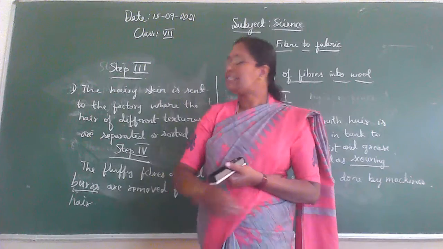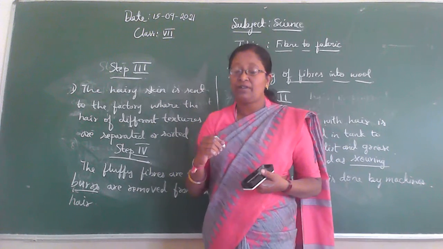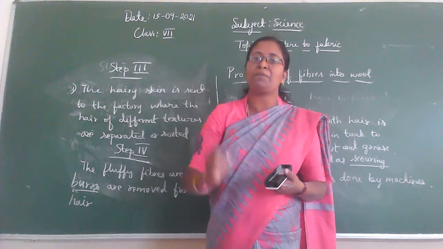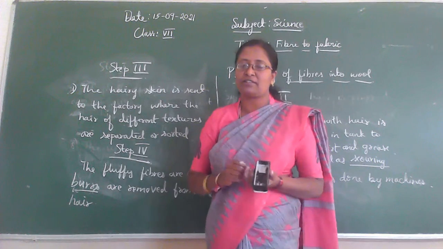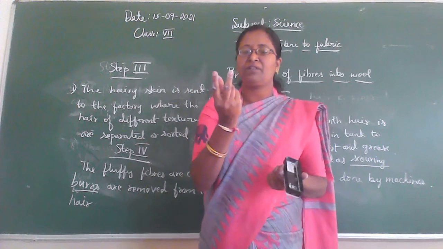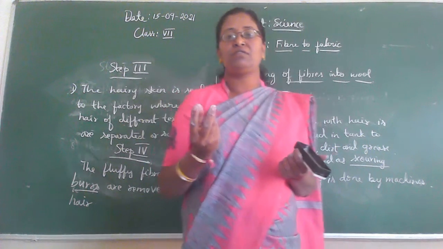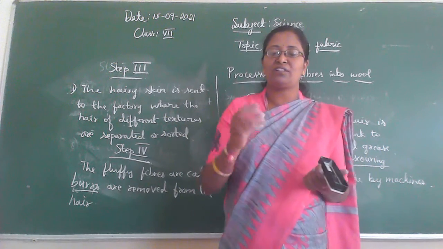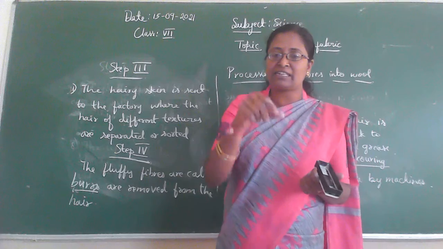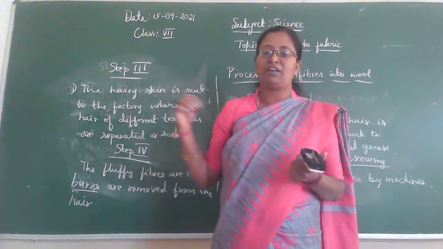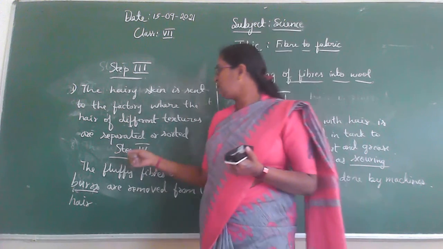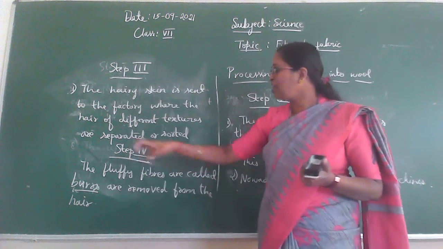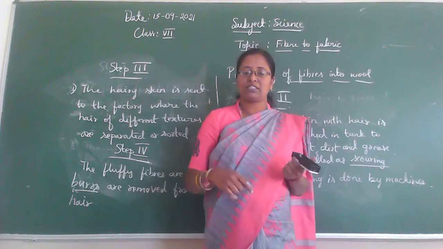These are the same burrs which sometimes appear on your sweaters. They are round small fibers of the wool you can see on your sweater. That is removed from the hay. So step 4 involves the cleaning of the burrs.